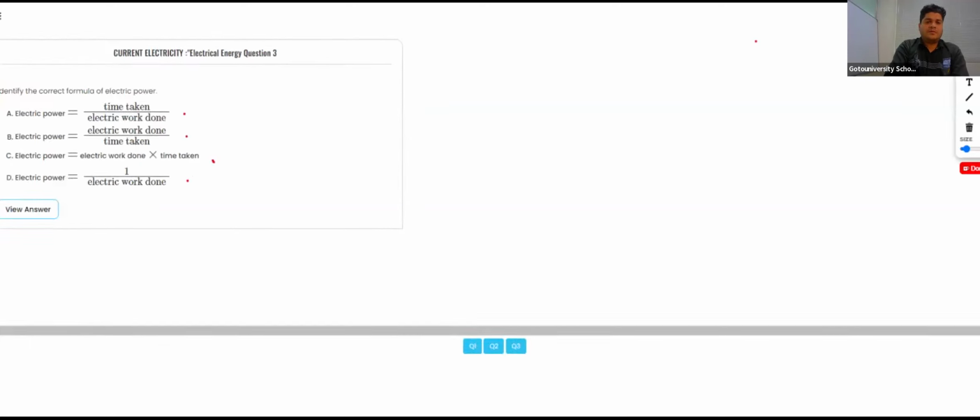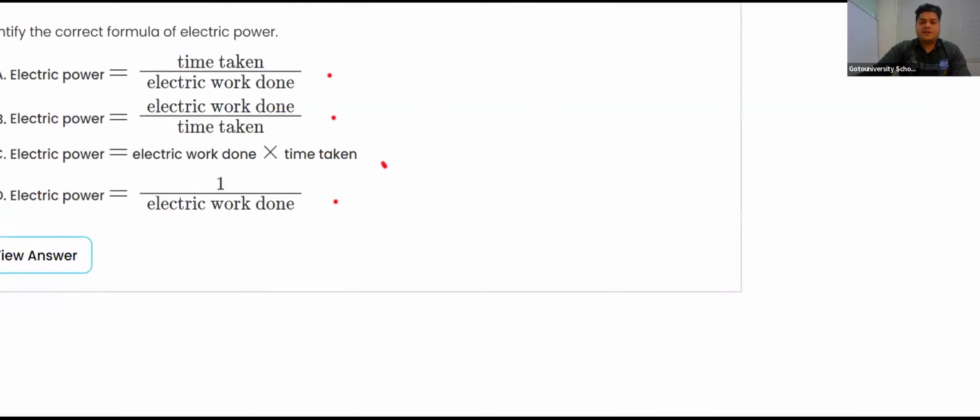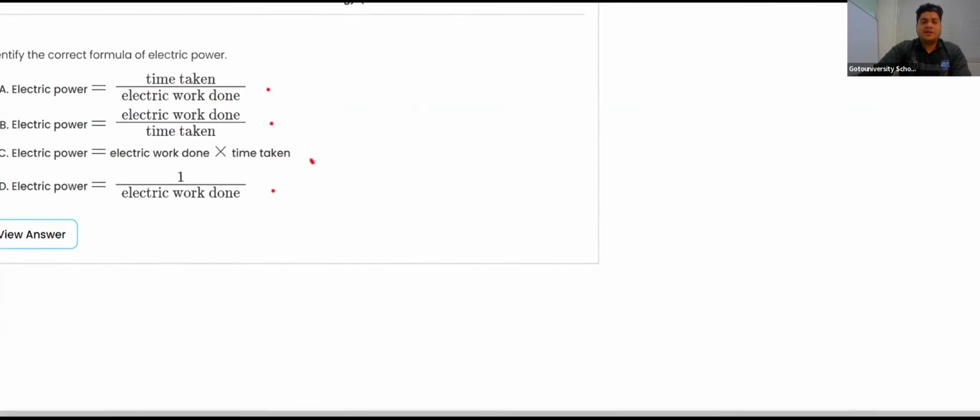We have these 4 options. Yes, Akhil, I have zoomed the question. I hope it is visible to you now.